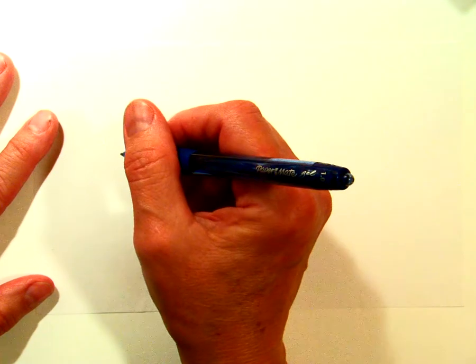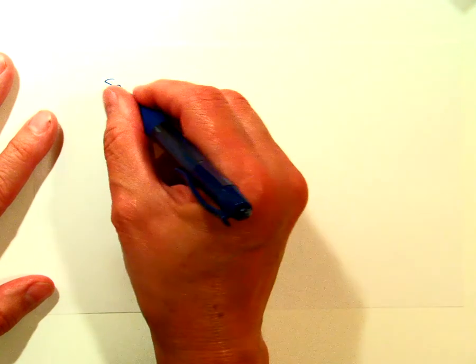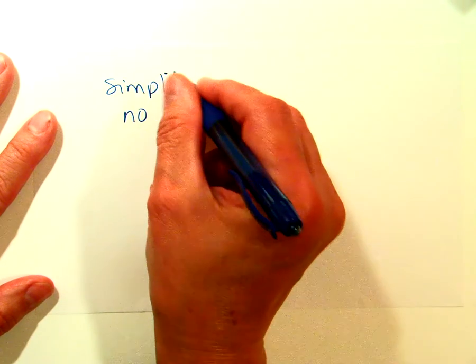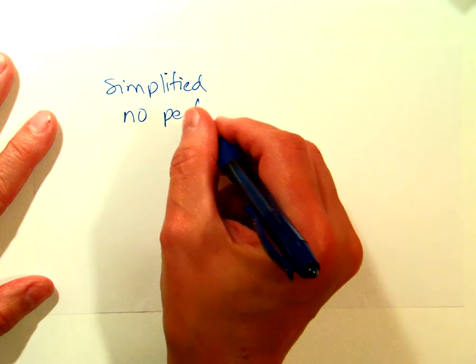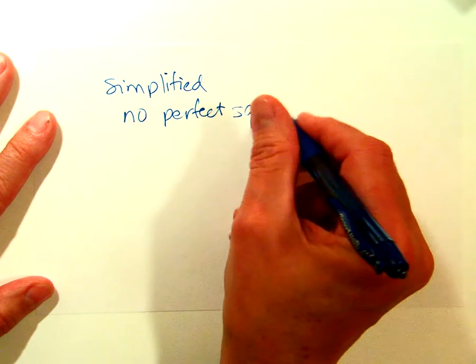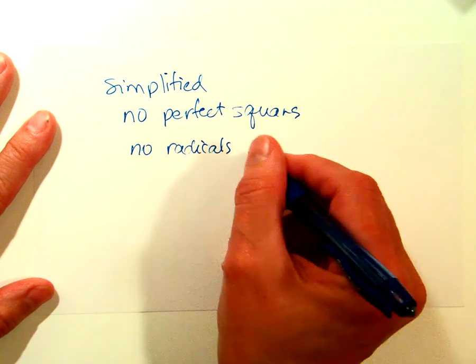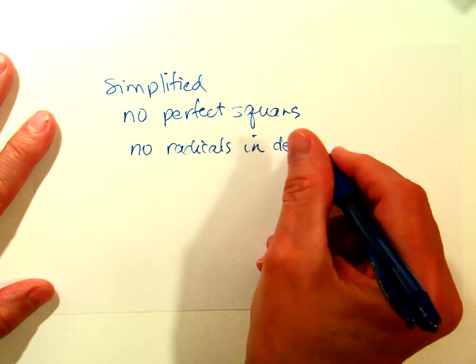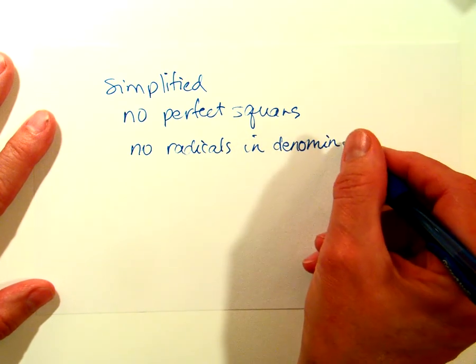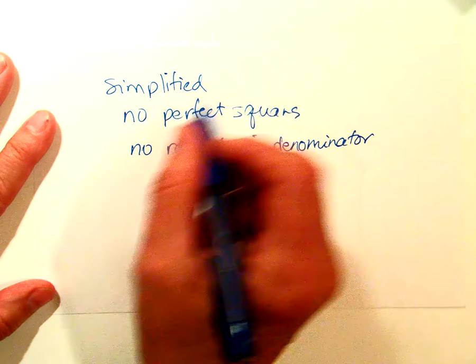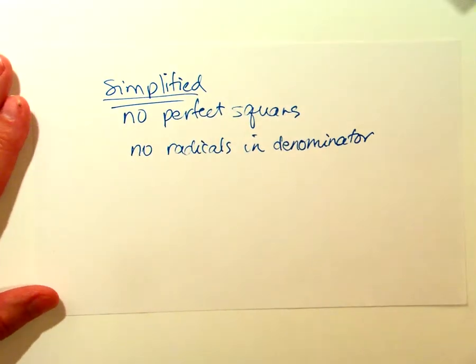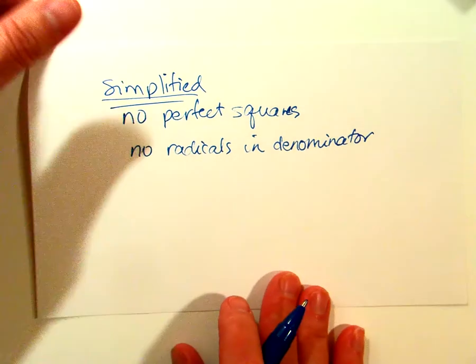And that is, a simplified radical has no perfect squares, and no radicals in the denominator. When it's a simplified radical, there's no perfect squares, and there's no radicals in the denominator. I'll talk about this more as we go along.